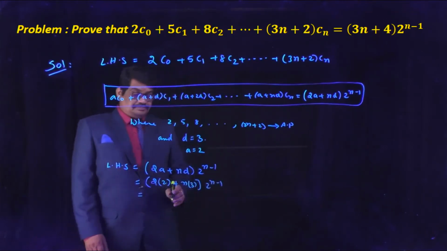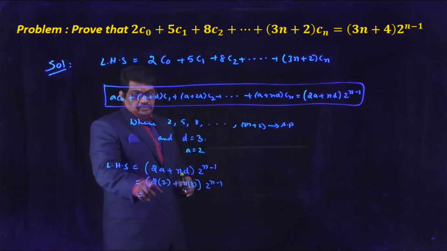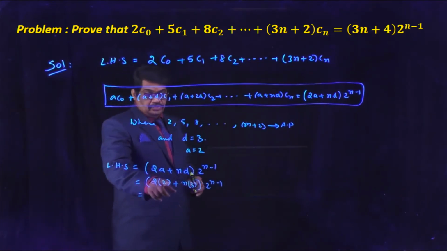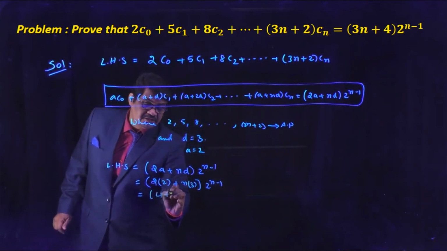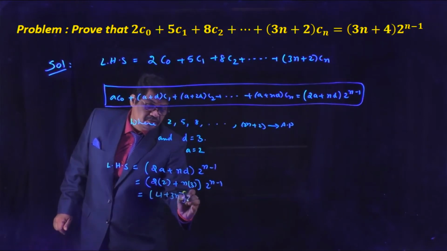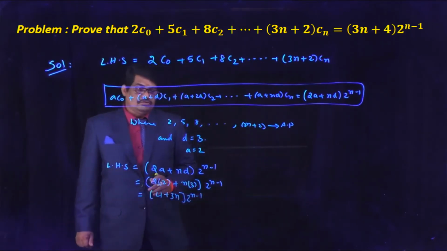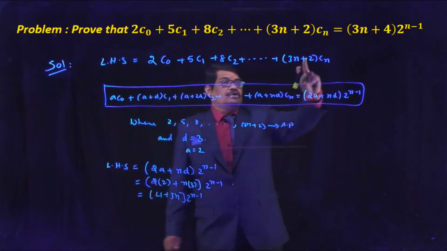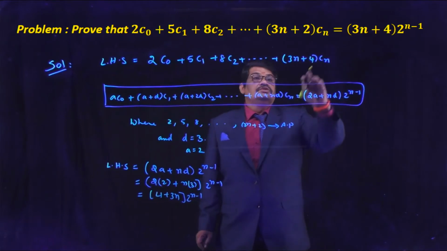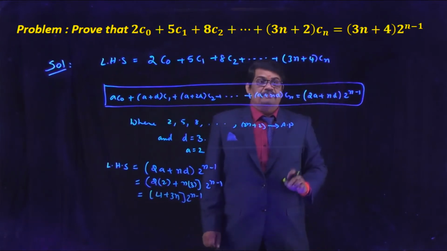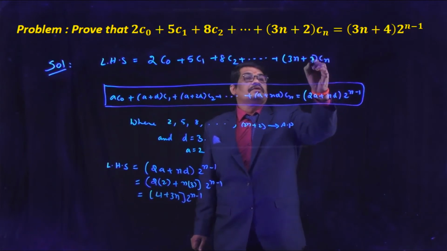That is 2 into 2, that is 4, so 4 plus 3n into 2 to the power of n minus 1.